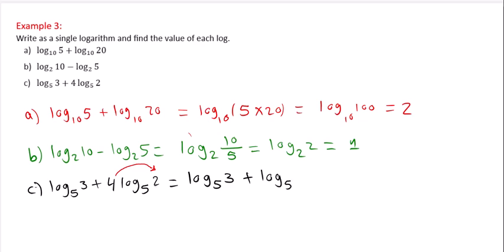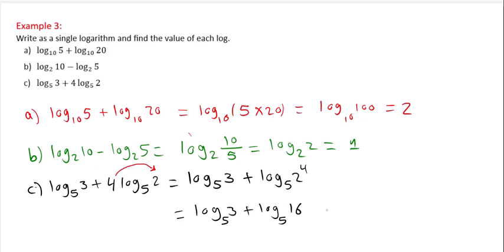I have here 2. Take the coefficient and put it as a power, 2 to the power of 4. Okay, it seems to be easier. Here log to base 5 of 3 plus log to base 5 of 2 to the power 4 simply equals 16.